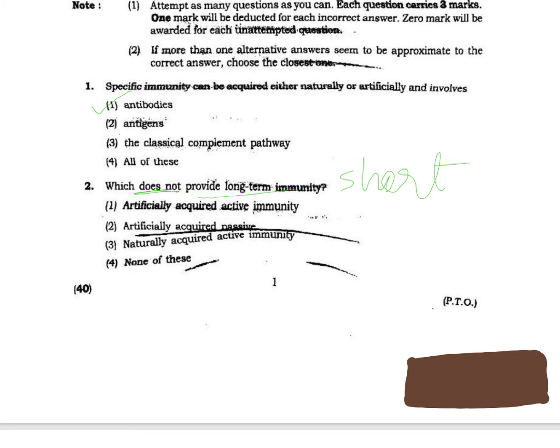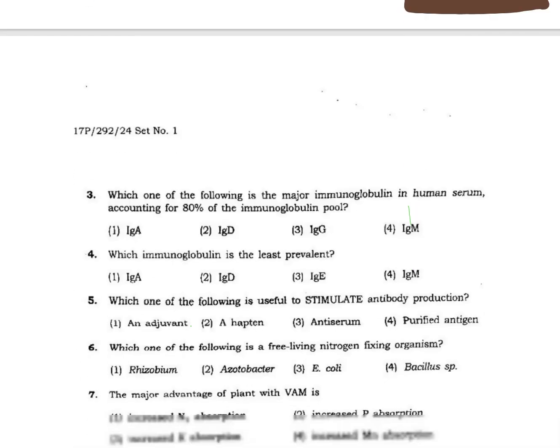Option 4 is none of these. Out of these, the correct one is artificially acquired passive immunity. It is given in the form of vaccines, which are actually pooled Ig molecules. So they give immunity only for a short period, but not for a long period.